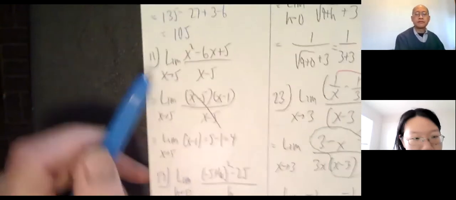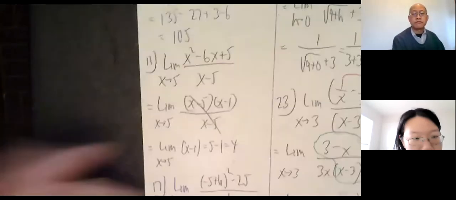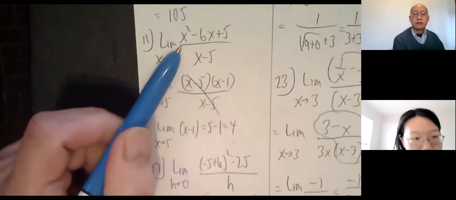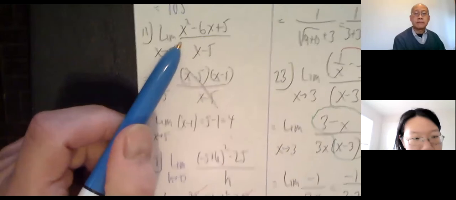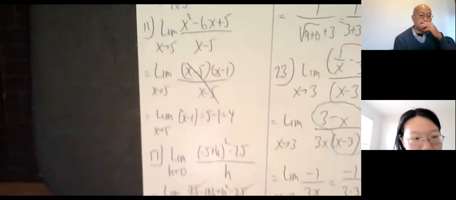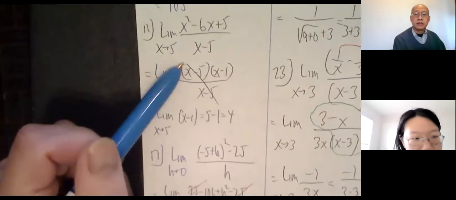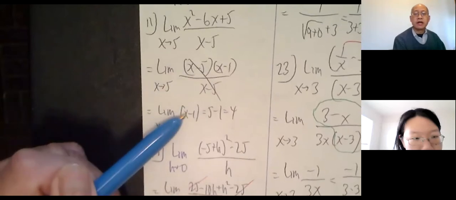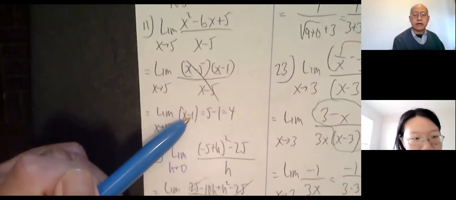So let's look at 11. Should be pretty straightforward. Okay, so limit as x approaches 5. Factor out the top: x minus 5, x minus 1. That's very easy. You're all very good at factoring because you're in calculus. These guys cancel out. So limit as x approaches 5 of x minus 1. And now you can directly substitute, right?